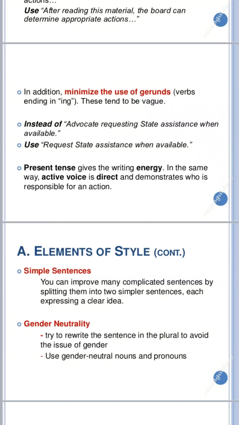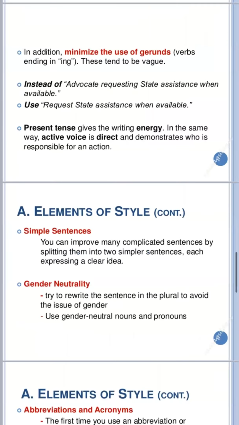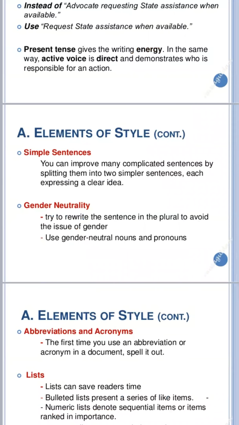It is also said that they give energy to your writing, so we have to use it in technical writing. Then, elements of style: we have focused on tenses, active voice, and being direct. There we also have to use sentence structure. Your sentence structure must be very simple.